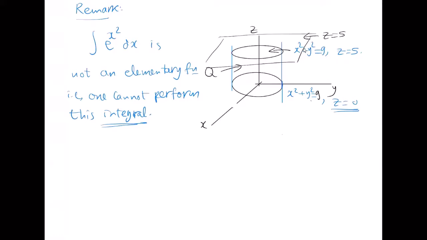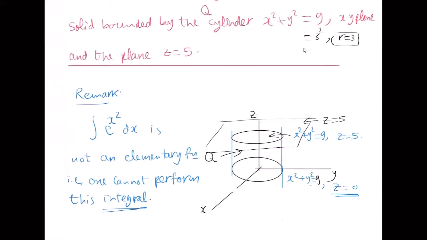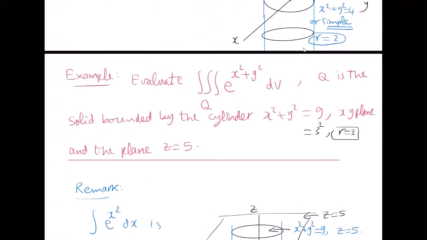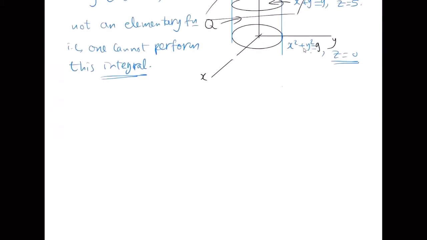Now, what we have is not this, but x squared plus y squared, and this can be changed into r squared if you use polar coordinates, or the new name for it in 3D, the cylindrical coordinates.